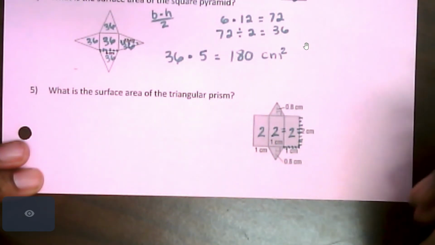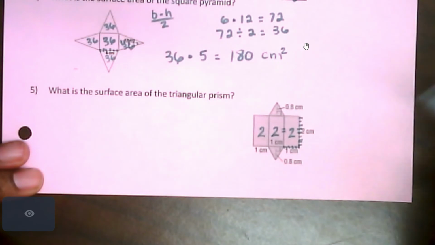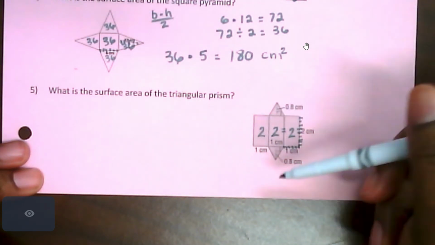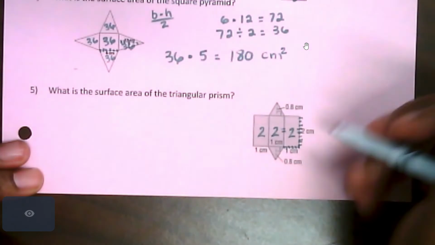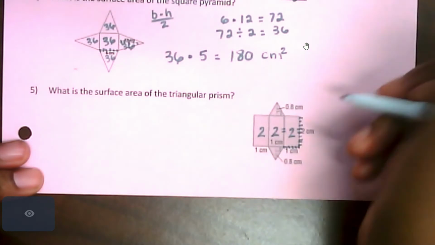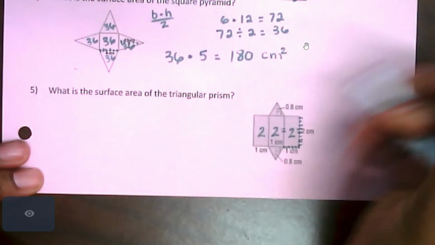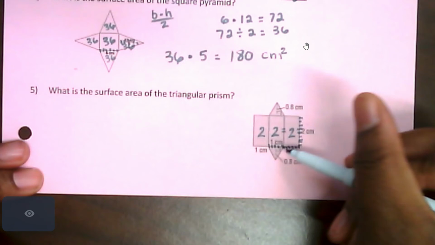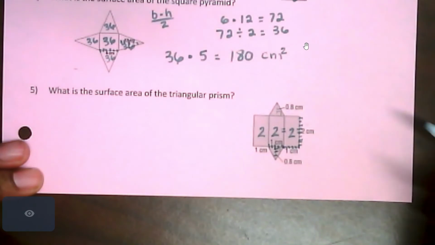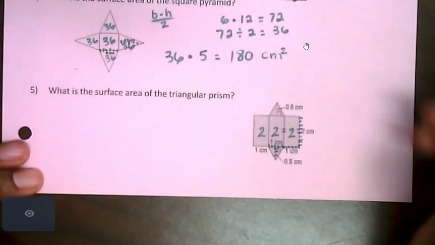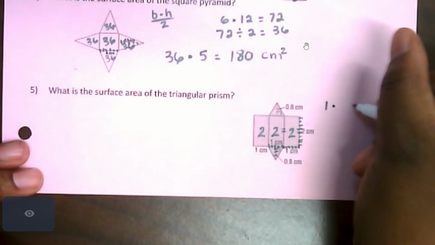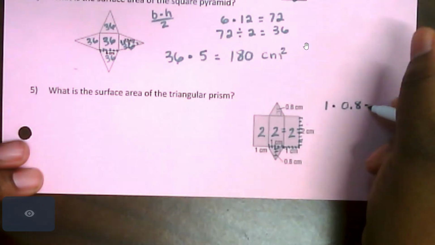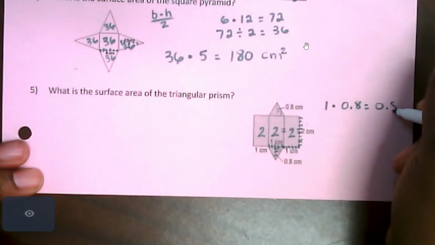So now it's time to find the area of these tiny little cute triangles. I only have to find the area of one, so then I'll know the area of both. I know that the base of this triangle is 1 centimeter and the height is 0.8 centimeters, and 1 times 0.8 equals 0.8.